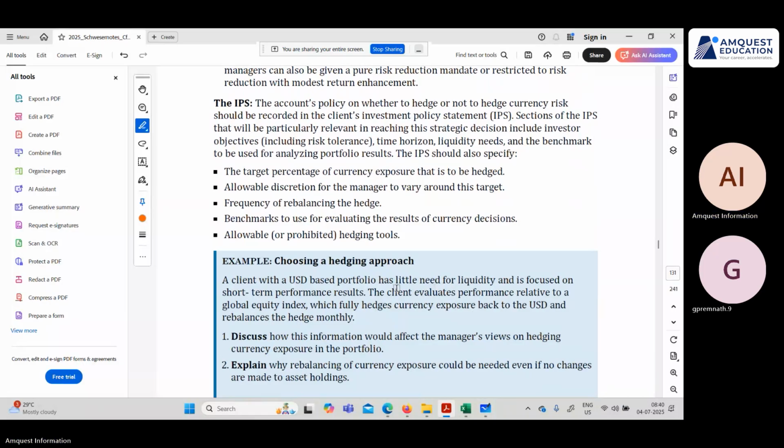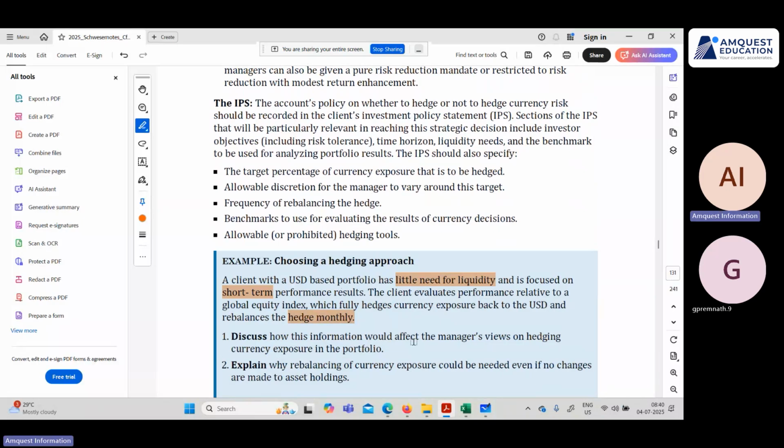Okay. So this is an important point. And is focused on the short term performance result. Okay. When it says short term, it means I'll have to take some decision. I can't just leave it unhedged, right? The client evaluates performance relative to a global equity index, which fully hedges currency exposure back to USD and rebalances the monthly hedge.